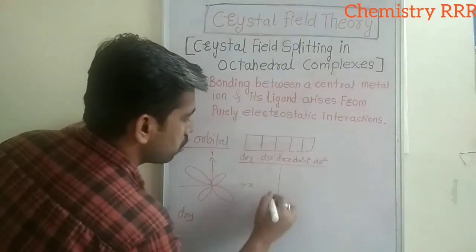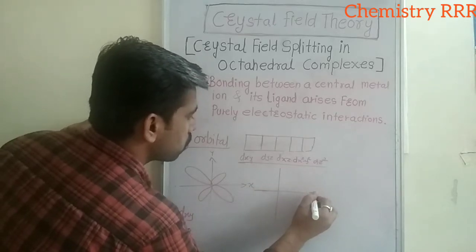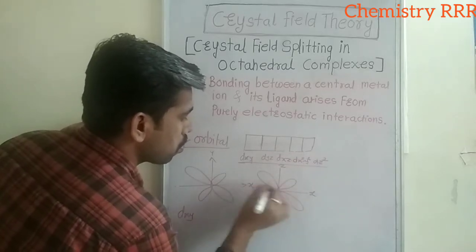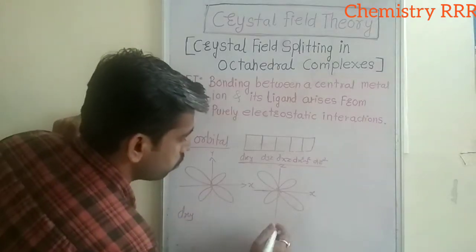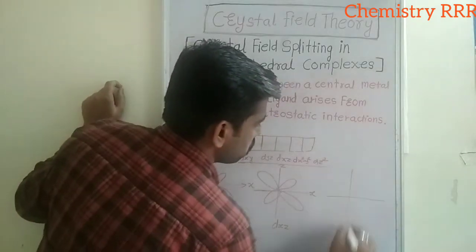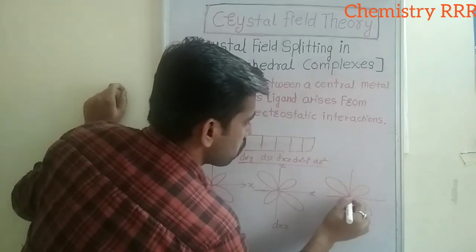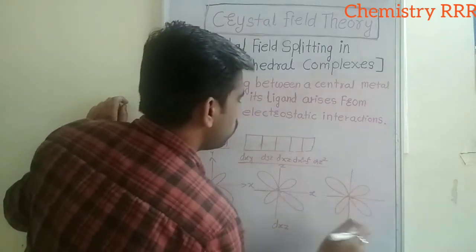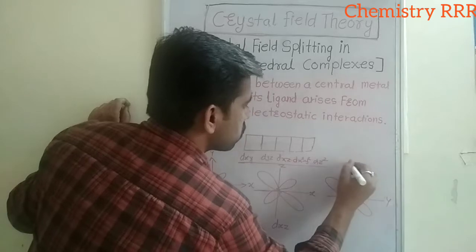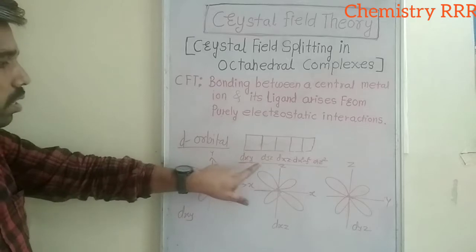Then shape of dxz orbital. And then last one is, this is y axis, z axis. It is dyz orbital.